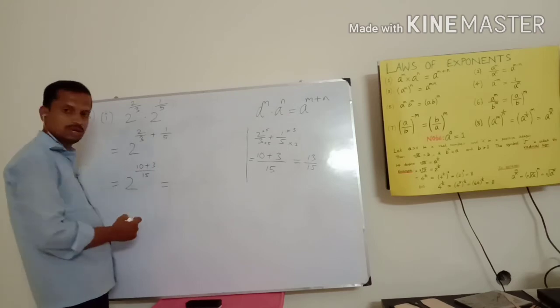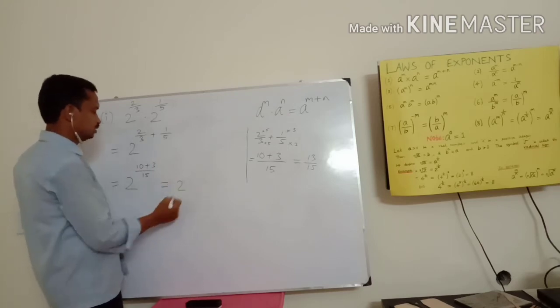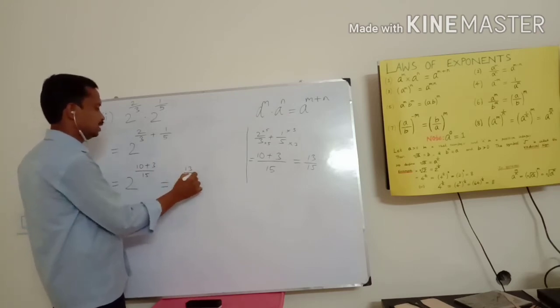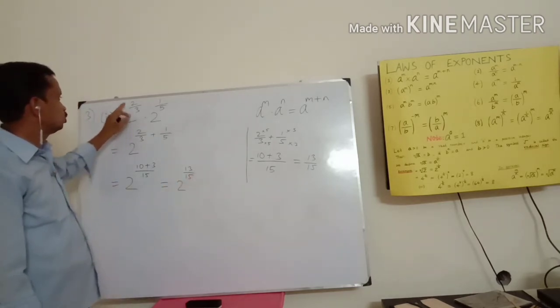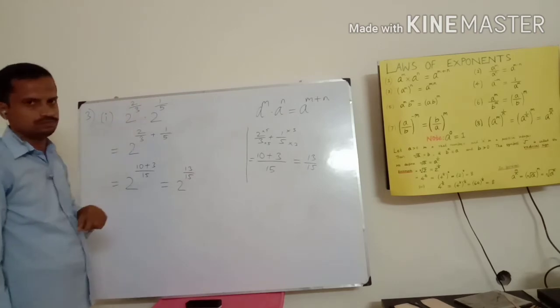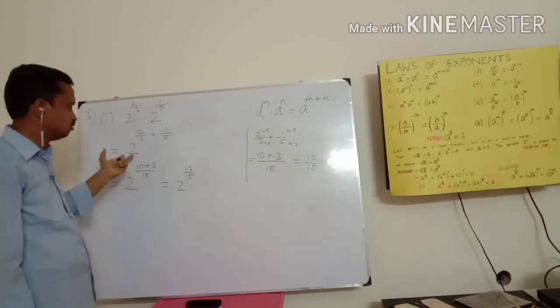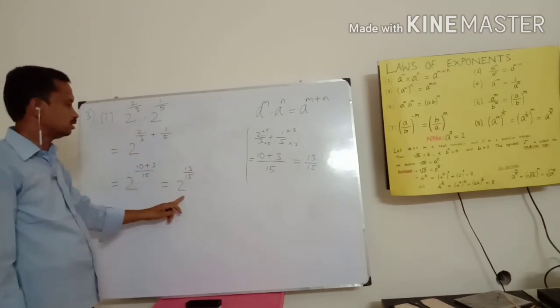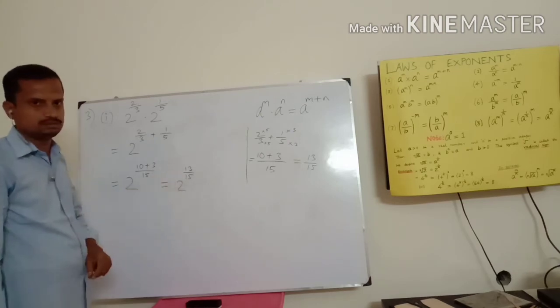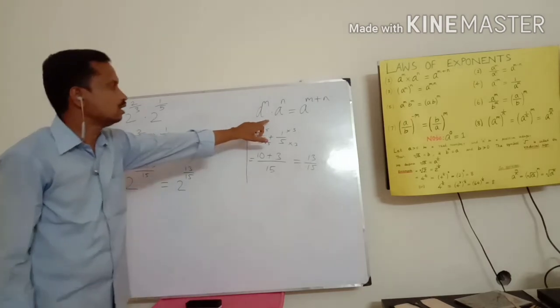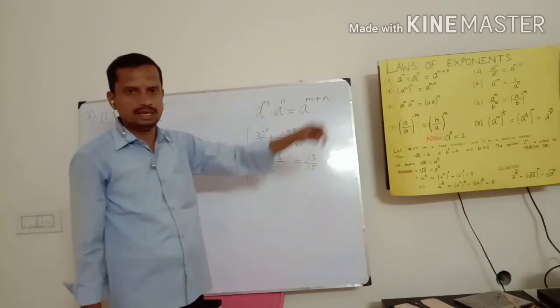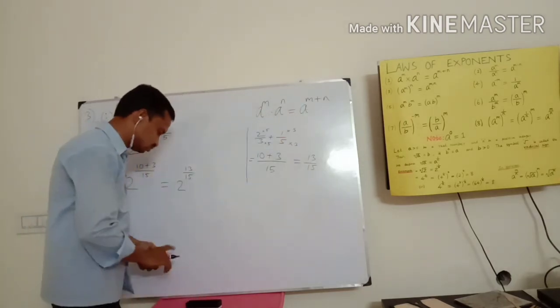So this is nothing but 2 power 13 by 15. So 2 power 2 by 3 into 2 power 1 by 5 is simplified as 2 to the power 13 by 15. So by applying the law, a power m into a power n is equal to a power m plus n. And now coming to the next question.